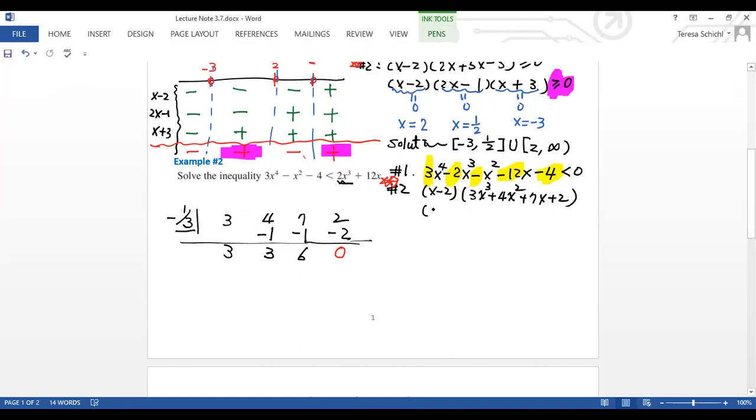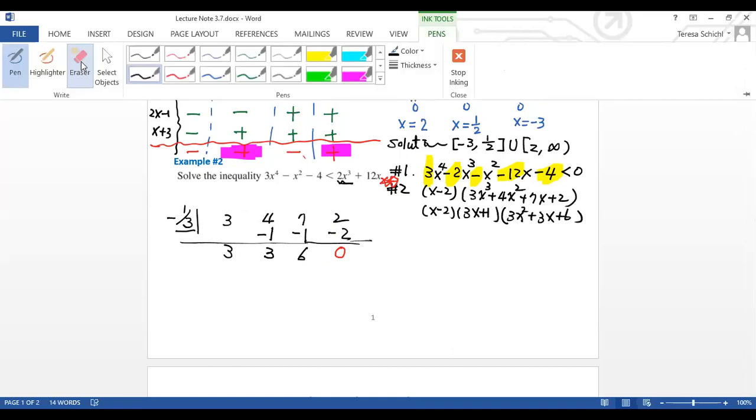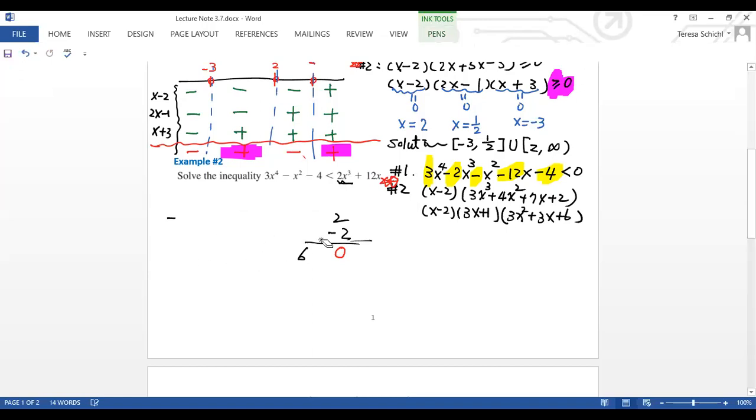So now I know I factored these. These give me x minus 2, this is 3x plus 1, then the last term is 3x squared plus 3x plus 6. Okay, and you might say, I don't know how to factor. Like I said, this is the hardest part.